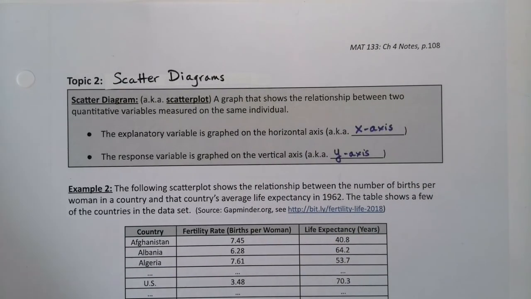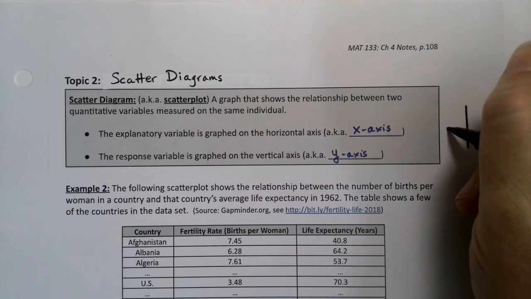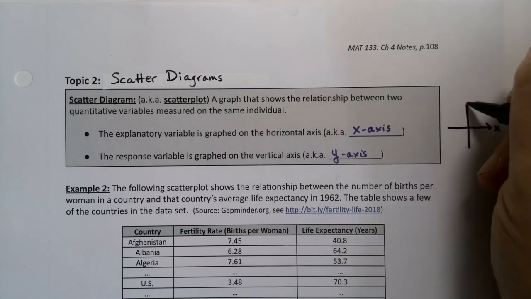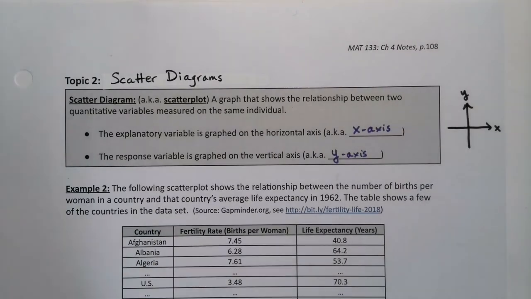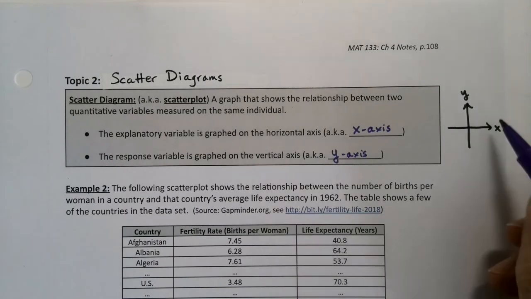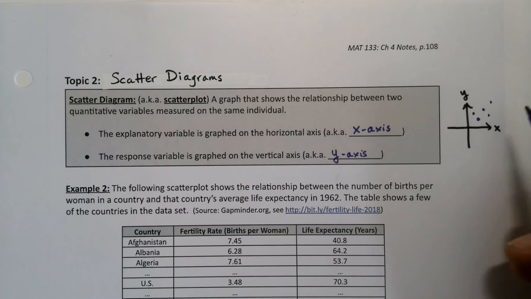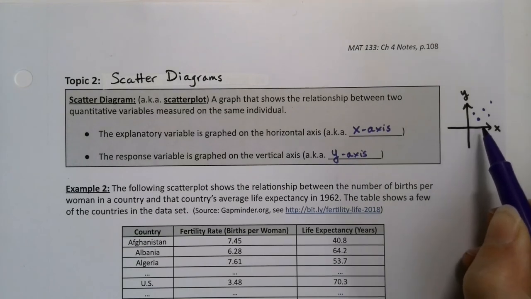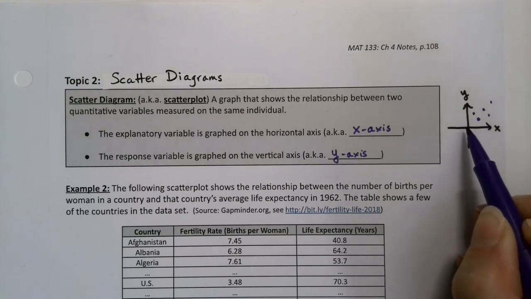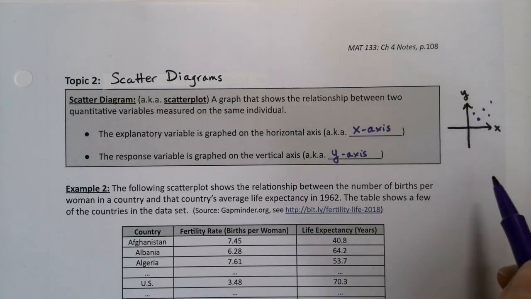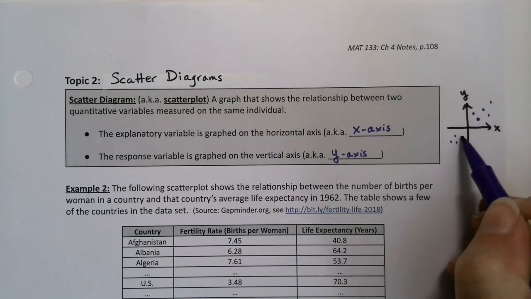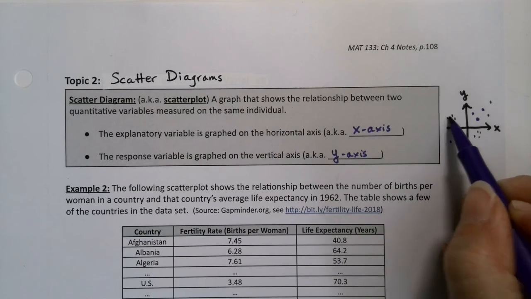So when you think about from algebra class, the horizontal is the x-axis, the vertical is the y-axis. And a scatter diagram graphs dots that stand for individuals. So one individual has this much x and this much y, another individual has this much x and this much y, and so on. And of course, they can be in any quadrant, etc.